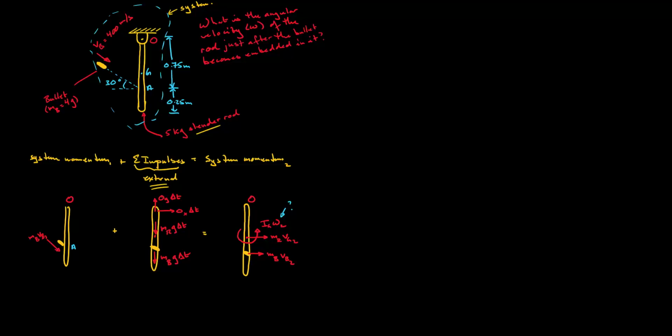Okay, so what we can say here is that since there are no angular impulses, then we have conservation of angular momentum. If we recall, our principle of impulse and momentum can be separated into 3 scalar equations. So if I were to be more precise, we have the system angular momentum at time 1 plus the angular impulses, and that would be equal to the system angular momentum at time 2.